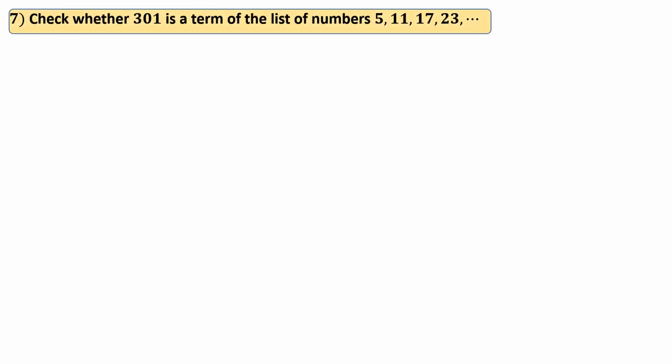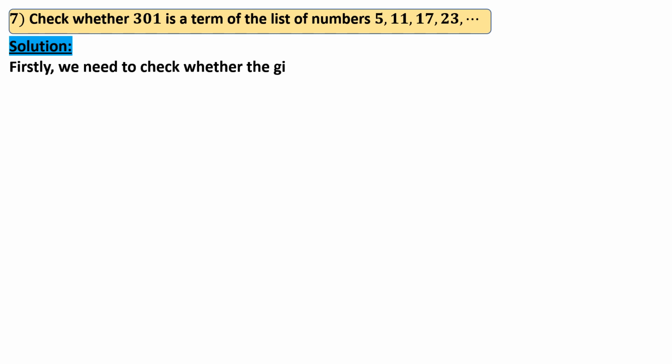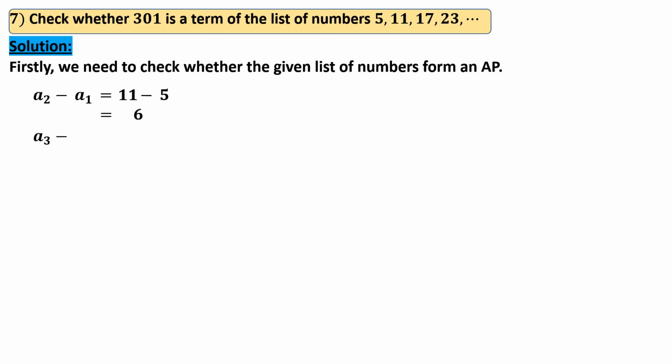Now, the seventh example: check whether 301 is a term of the list of numbers 5, 11, 17, 23, and so on. Firstly, we need to check whether the given list of numbers forms an AP. To do that, let us find A2 minus A1. 11 minus 5 equals 6.